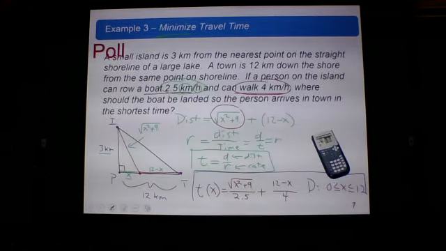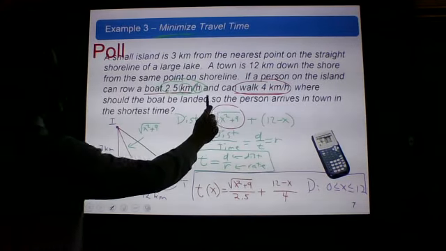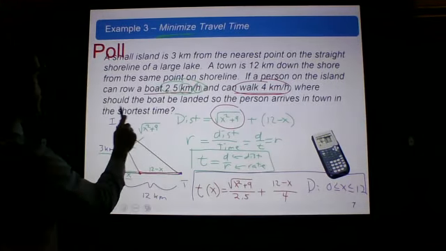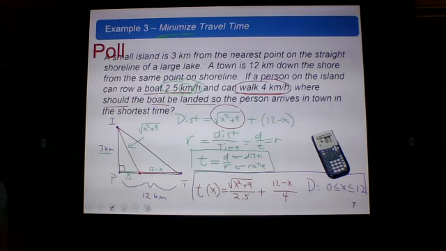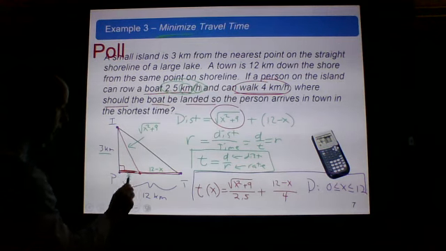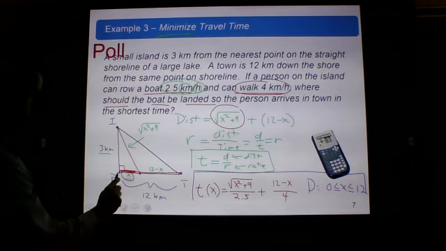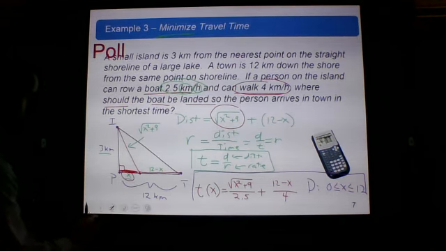Therefore, it says, where should the boat be landed so the person arrives in the shortest amount of time? So this x value right here, this distance, is our answer.